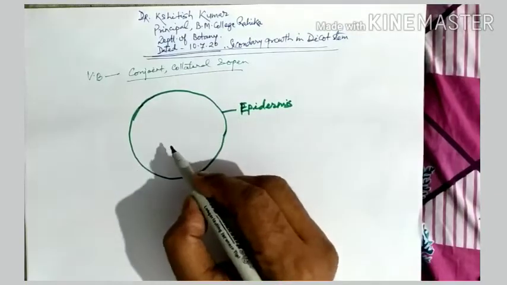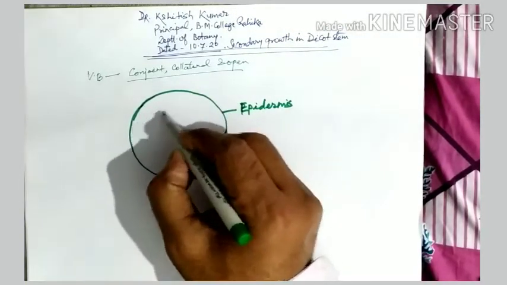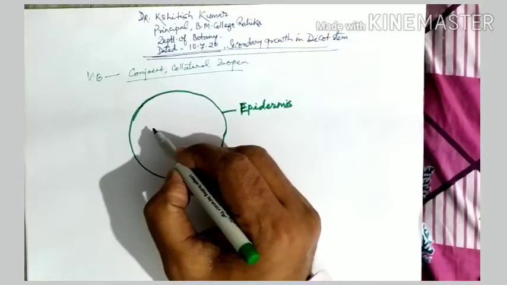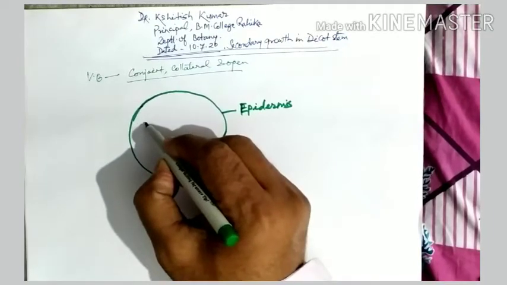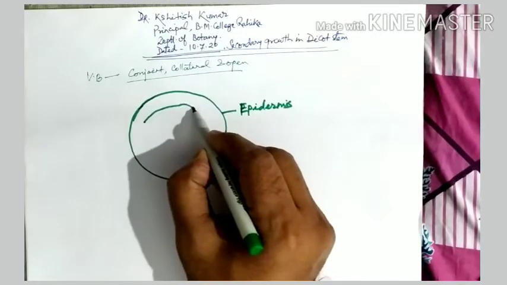Below the epidermis there is a zone of collenchymatous cells in the cortical region.